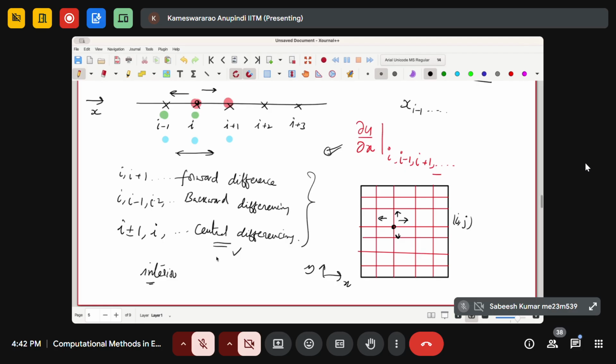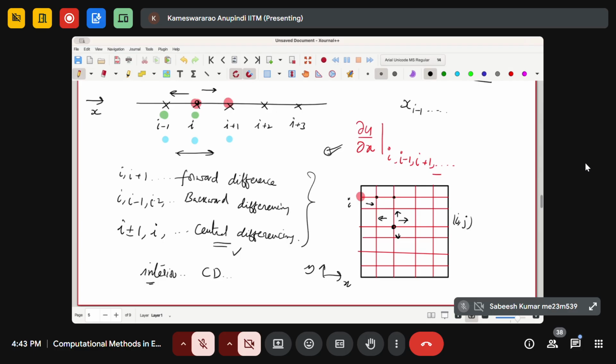So interior points, that means central differencing, if I were to call it CD, can be used for interior points, because you have availability of the values of u at the neighboring points in all directions. But if you want to calculate the derivative for a point here, if this was i, the only data you have is i plus 1, i plus 2.